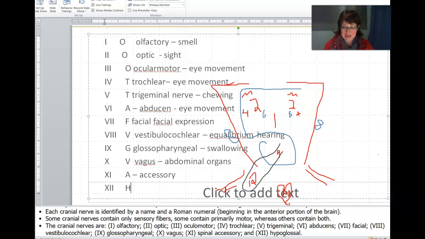So the tip is kind of below the tongue. So this is the hypoglossal. And hypoglossal has to do with taste. No, tongue movement. And accessory is shoulders, because you carry your accessories on your shoulders.